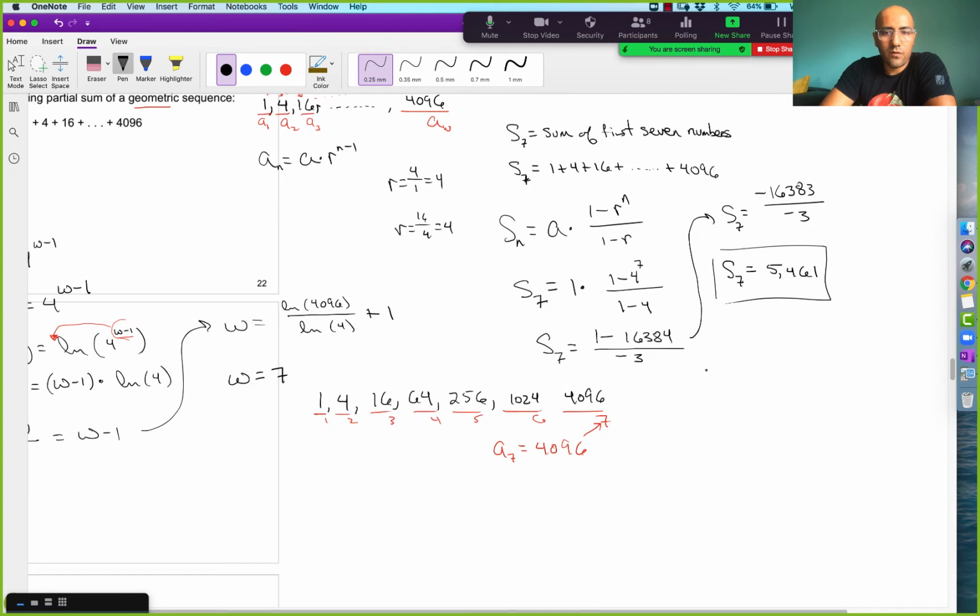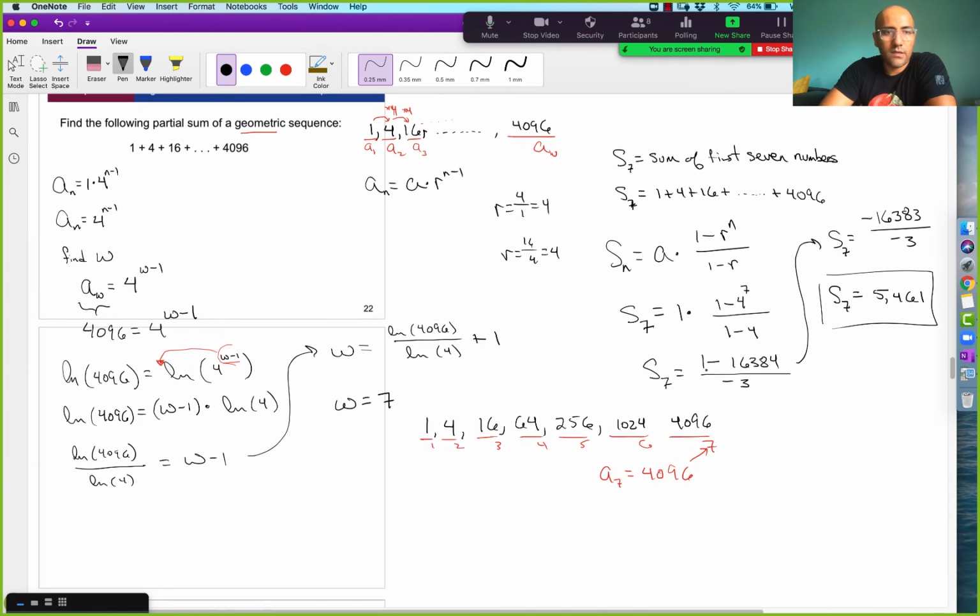Let's see if I can zoom all out and get it all in one thing. Okay, so we discovered that the sum of these terms, it turns out that there were 7 of them. So part of the process of finding this answer is to take advantage of the fact that we know it's a geometric sequence to find the closed formula for the underlying geometric sequence.